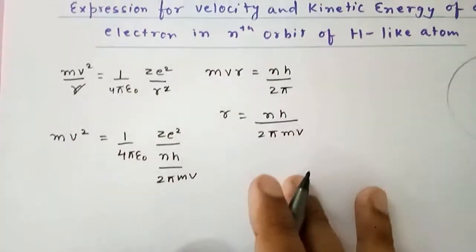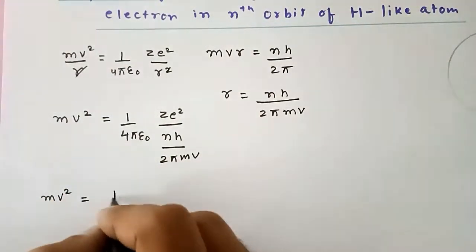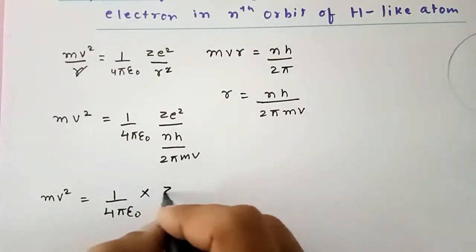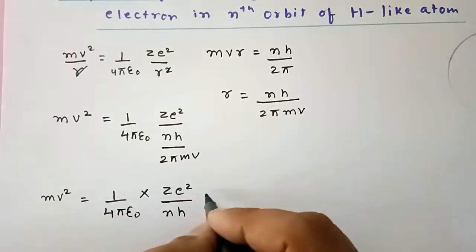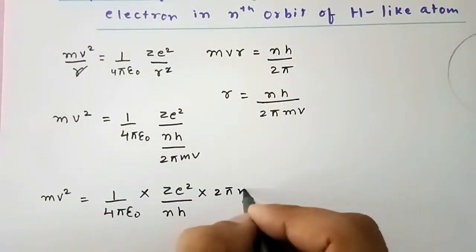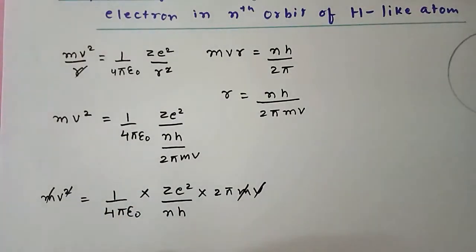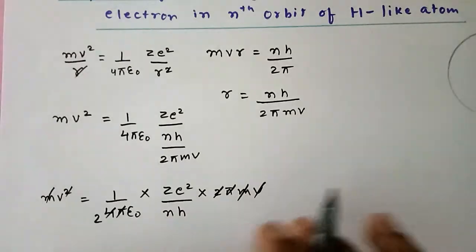So mv square is equal to 1 by 4 pi epsilon 0 into Ze square upon nh, and this 2 pi mv is going to go up. One m and one v get cancelled, and 2 and pi remain, so 2 remains over here.